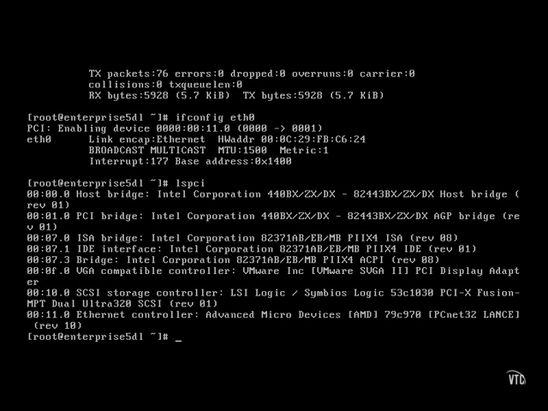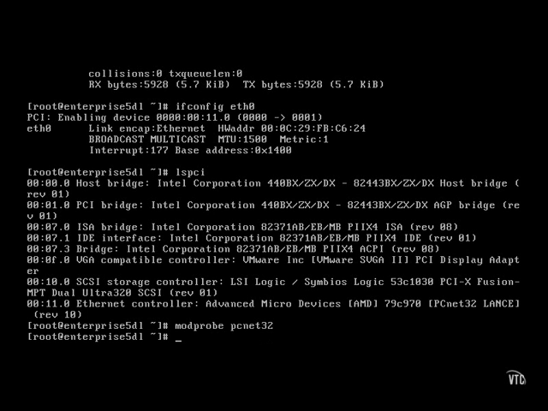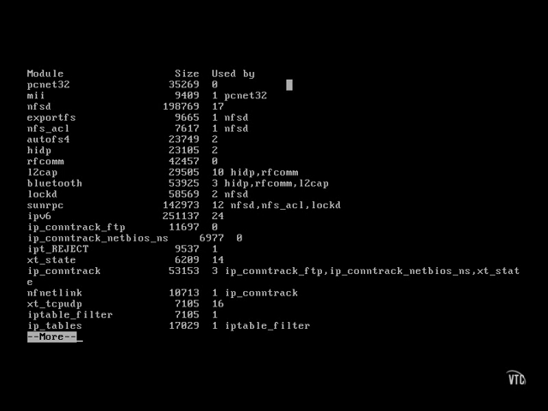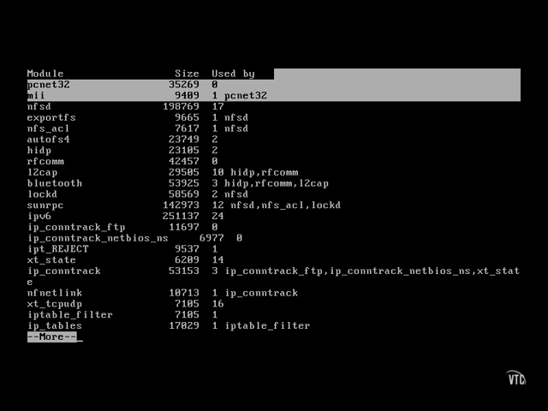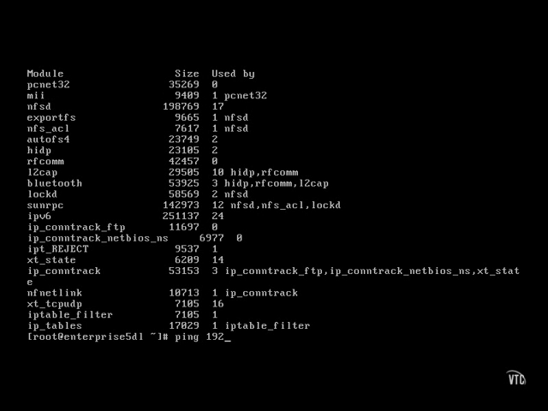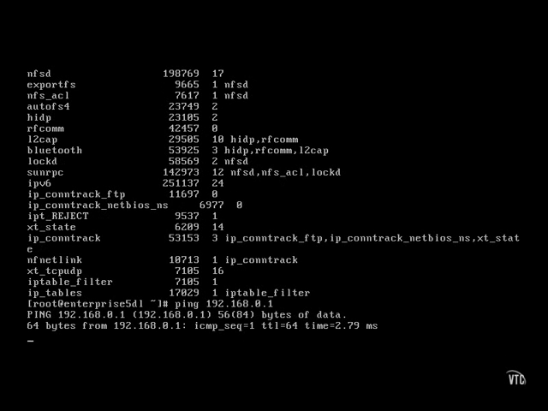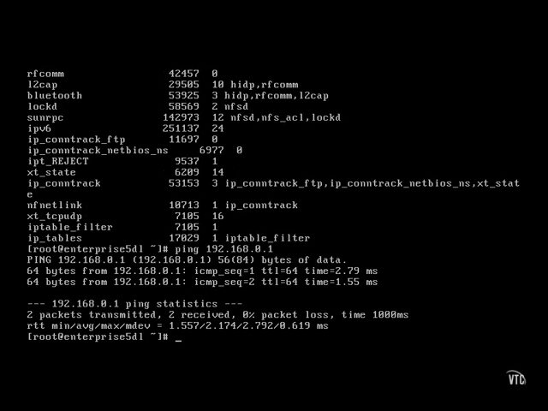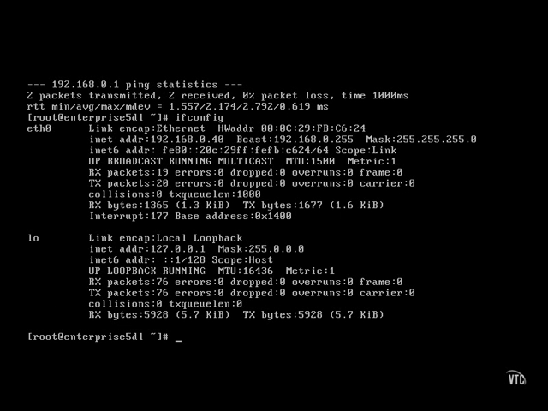I could insert it with the insmod command, but that wouldn't necessarily take care of any dependent drivers, so I use the modprobe command. And look at that. The PCNet32 driver is now back in. And I've got access to my network. And that's because the network card is back up.